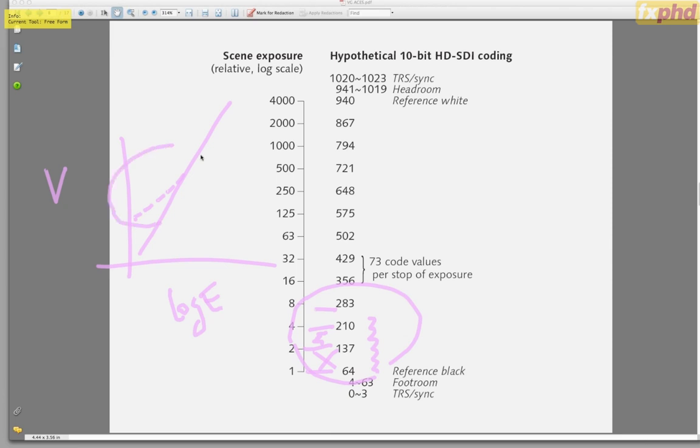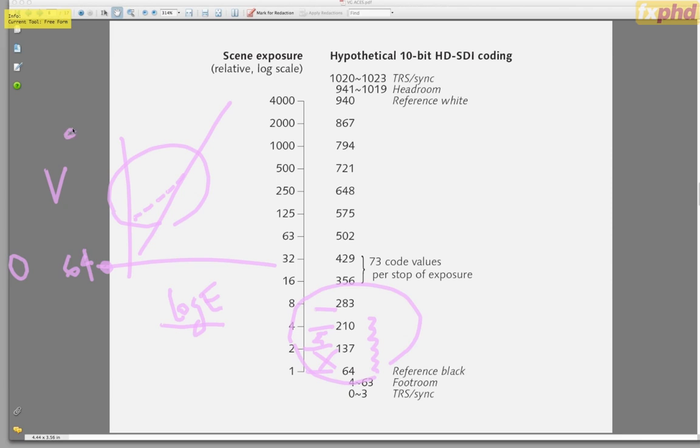So this characteristic diagram, going from log of exposure to code value, your camera guys will typically express that. They may want some range referenced to 64. Some other people use the idea that you should reference the bottom range at 0.